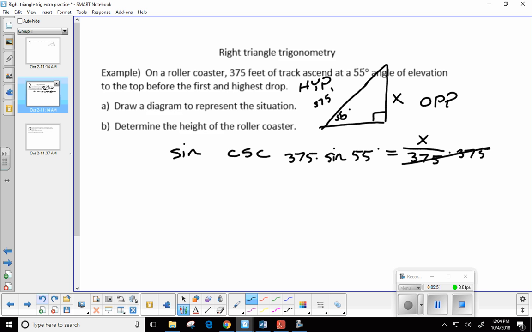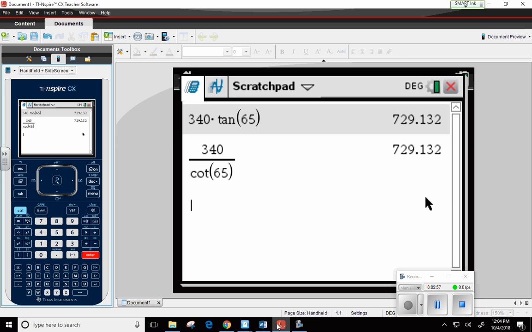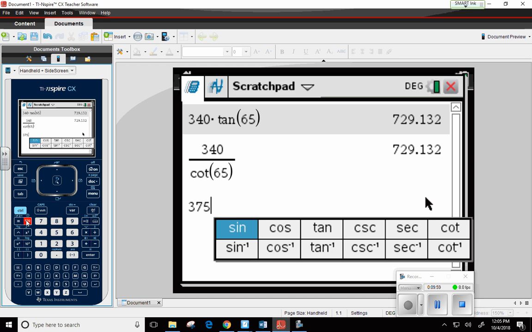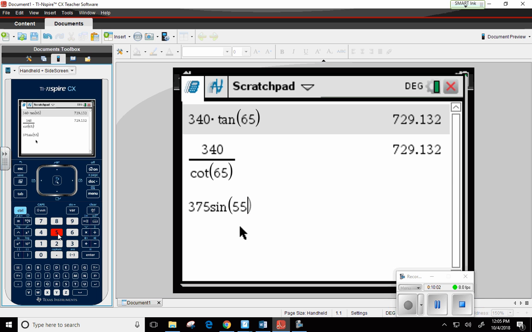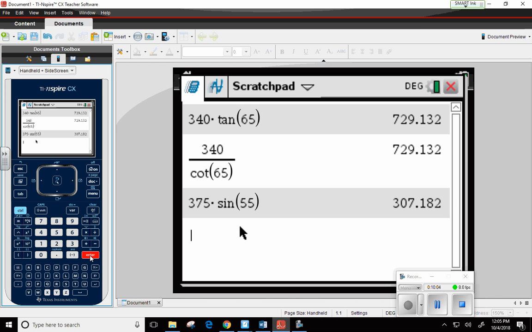Those are going to cancel. And all I've got to do is figure out the value of that expression. 375 sine of 55. Okay, so we're looking at about 307 feet high. Is anybody having a hard time? Any questions?